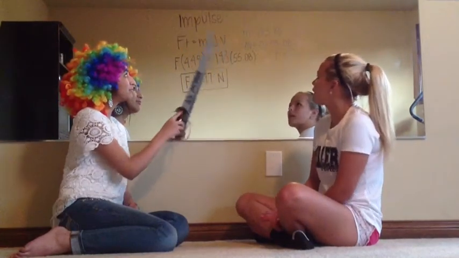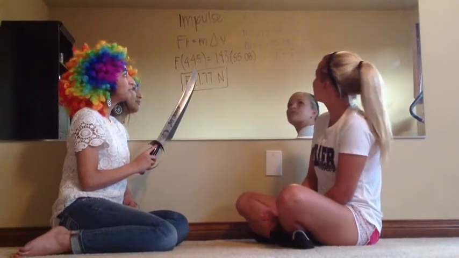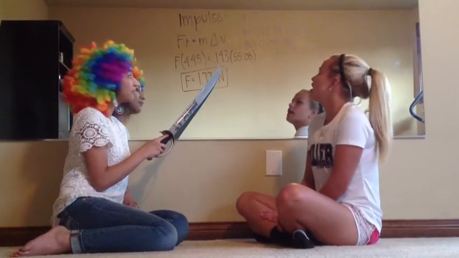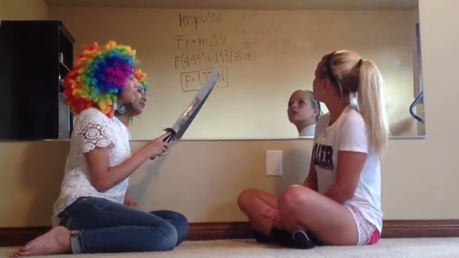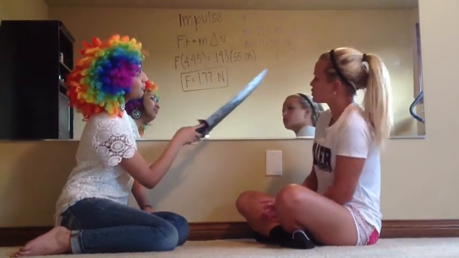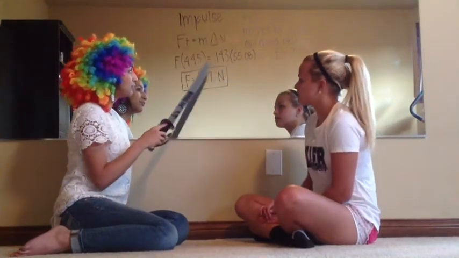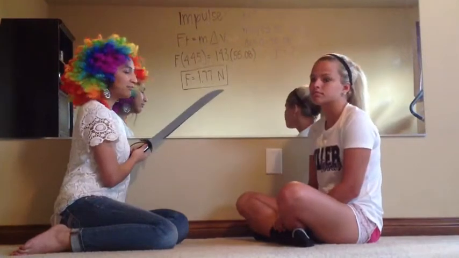So we already talked about how t equals 4.45 seconds, and we googled the mass of the baseball, and it's 0.143 kilograms. And the change in velocity is just 0 plus 55.08, so it just turns out to be 55.08. And we're trying to find force, so we plug that all into the equation, and for F, we end up getting 1.77 newtons.